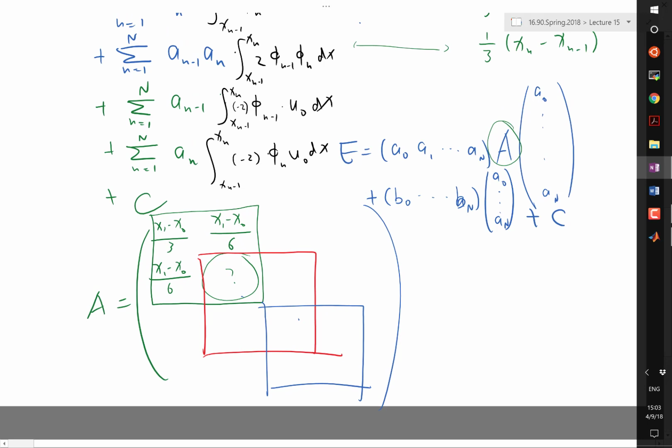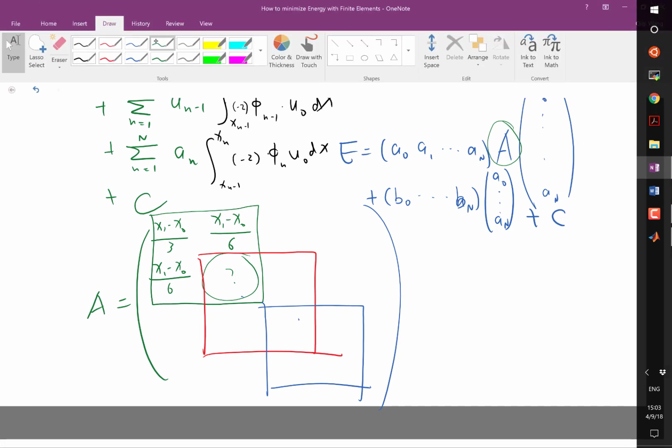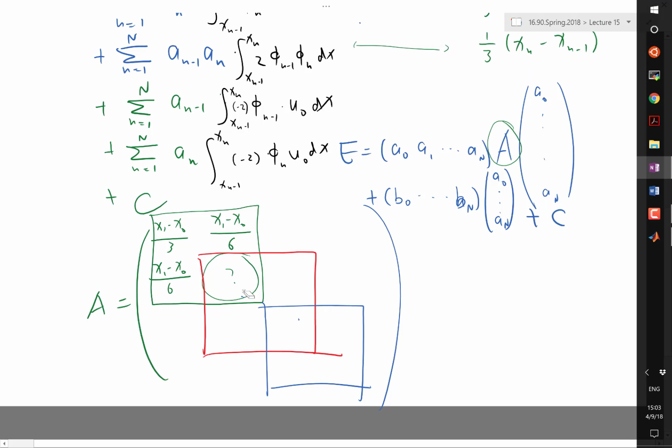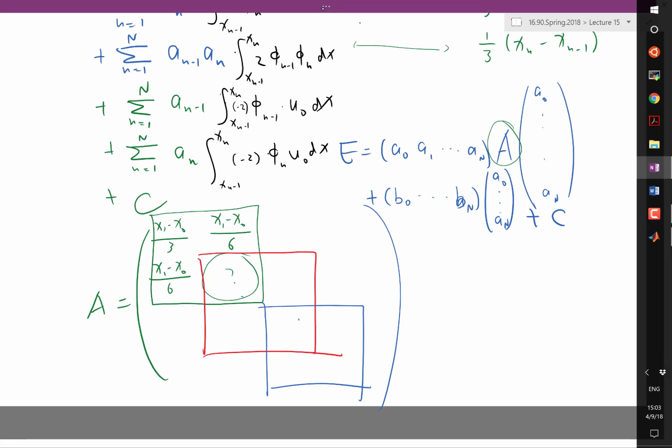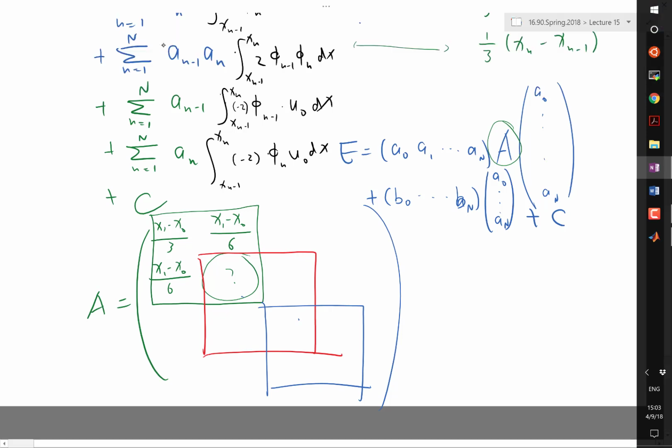Right, so for example, the one I just put a question mark on should be, let me write green plus red, should be contribution from the first element, which is actually the same as this one, right? But then I need to add a third of x2 minus x1, which is contribution from the next element. And here I have a sixth, because this only has contribution from 1.